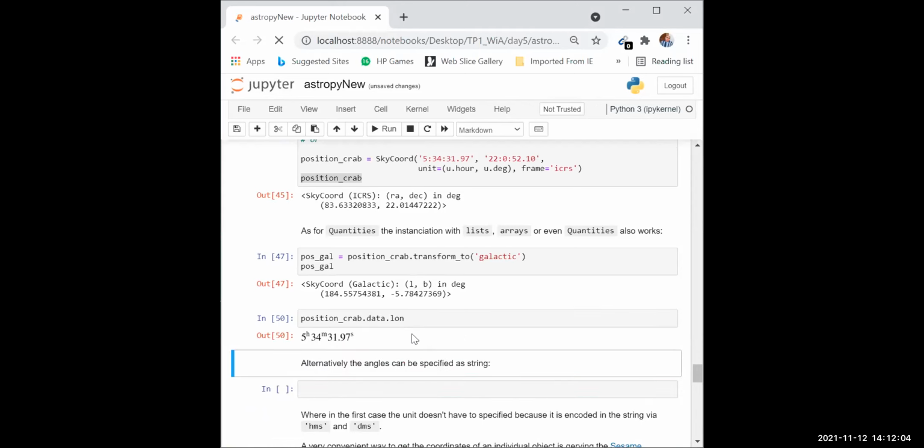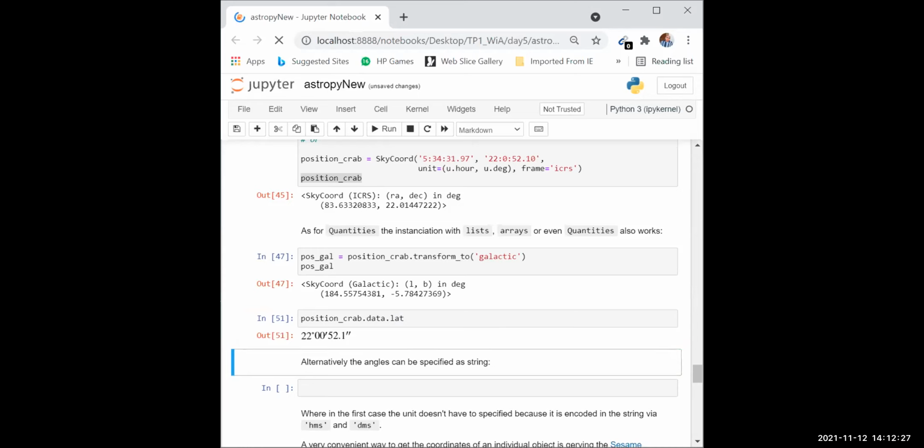You can convert from one to another, and so on and so forth. Similarly, if I say latitude, I just want to get what the latitude is, I'll get only the latitude of that. So there are all these very convenient things to use.